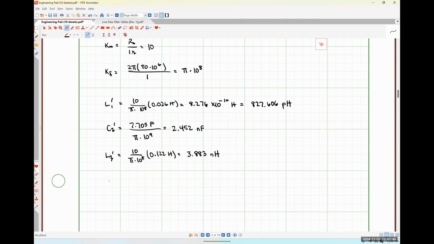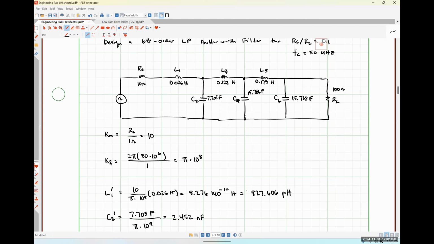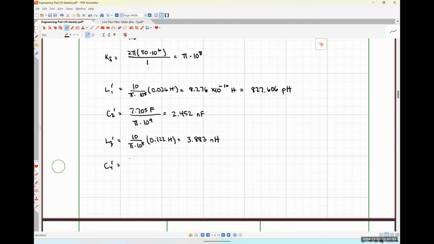Dang it, that's supposed to be a 3 there. My apologies. C4. I'm just coming back up here, so that's 15.786 farads over pi times 10 to the 9.